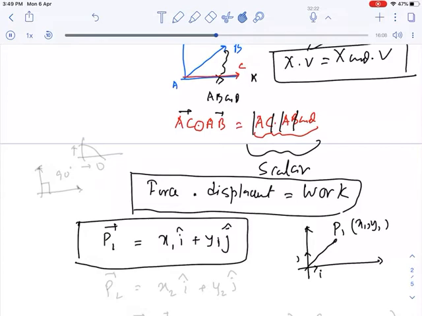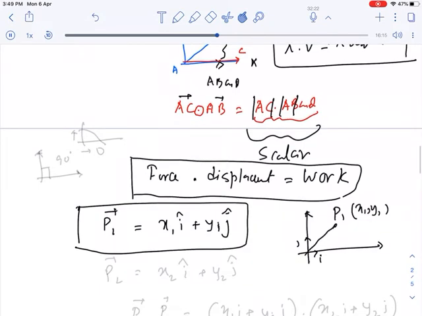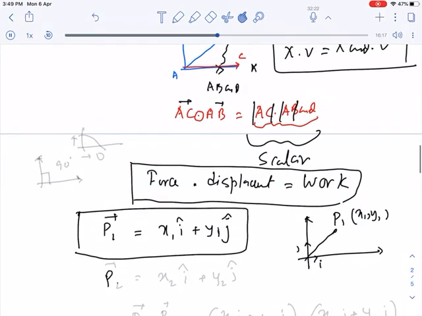Now P1 is x1 i plus y1 j, and suppose Q1, okay, let's call it P2, equals x2 i plus y2 j.